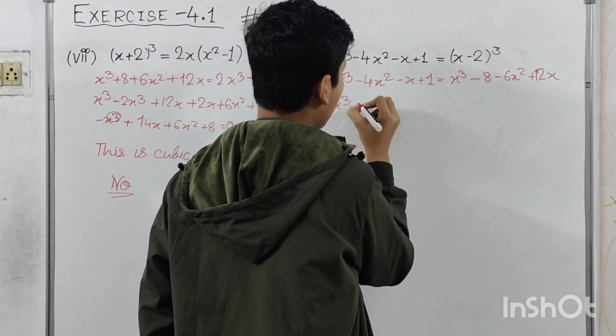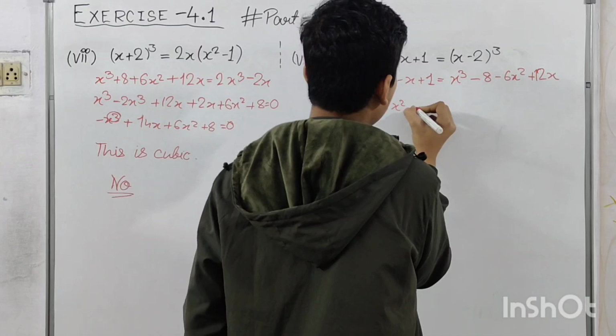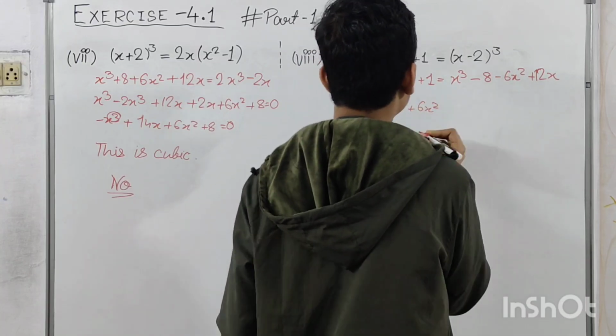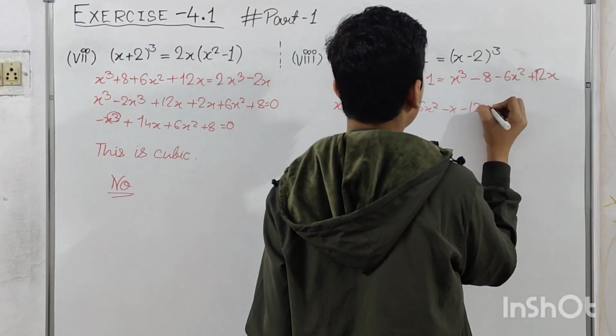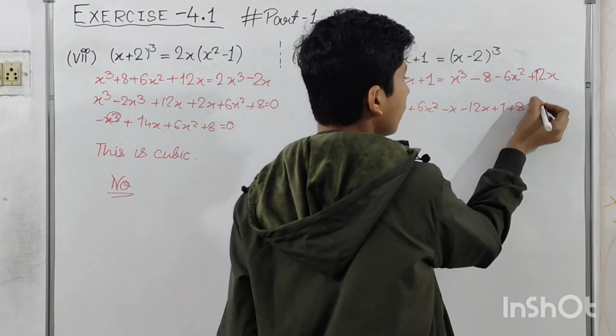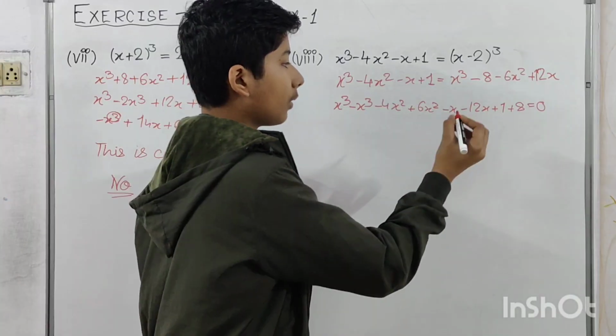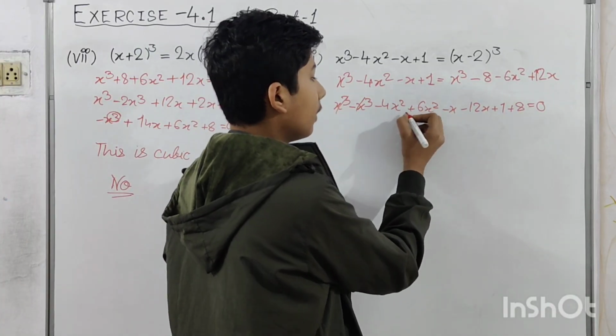x cube minus x cube minus 4x square plus 6x square minus x minus 12x plus 1 plus 8 equal to 0. When we solve this, x cube minus x cube cancelled.